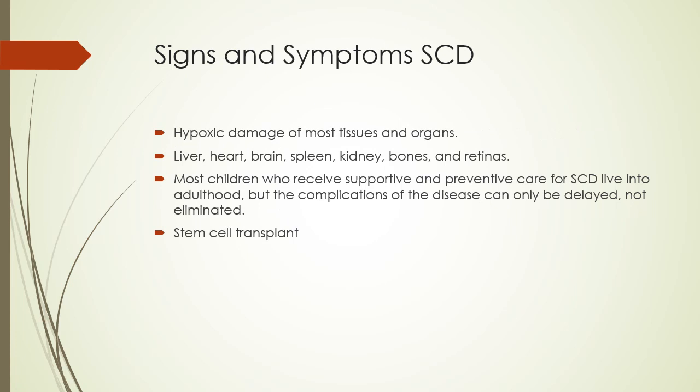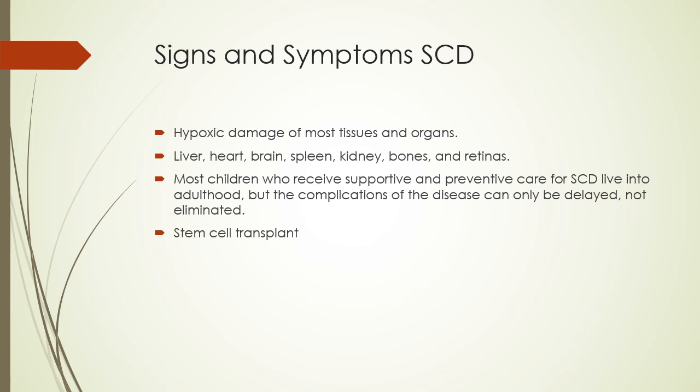So over time, because the patient has repeated blood vessel clogging or blockage, this may lead to hypoxic damage to lots of tissues and organs, basically everything you can think about.